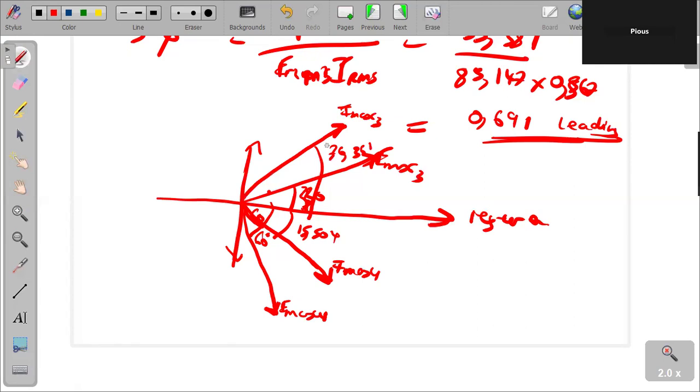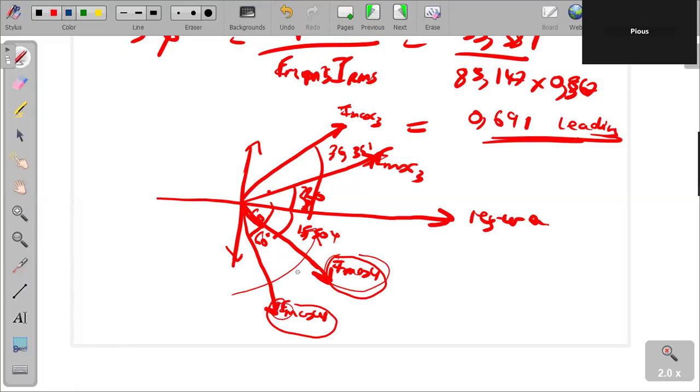So what do you focus on? You focus on these two only, Mx1 and Imx1, and you check what it is doing with Imx1. Going in the anti-clockwise direction, you can see that Imx1 is ahead of Mx1. Therefore, it's a leading phase angle.